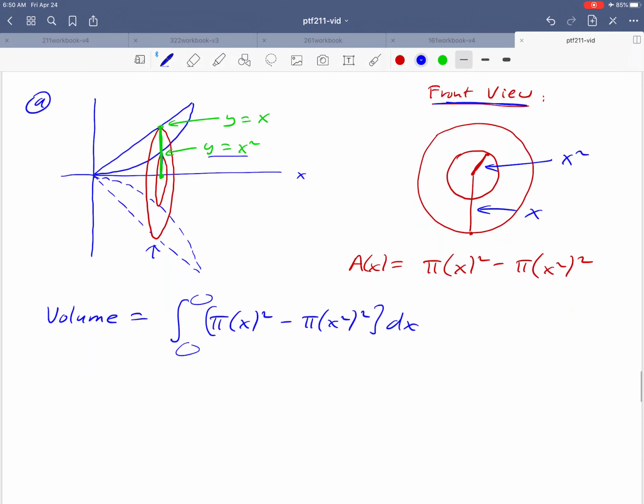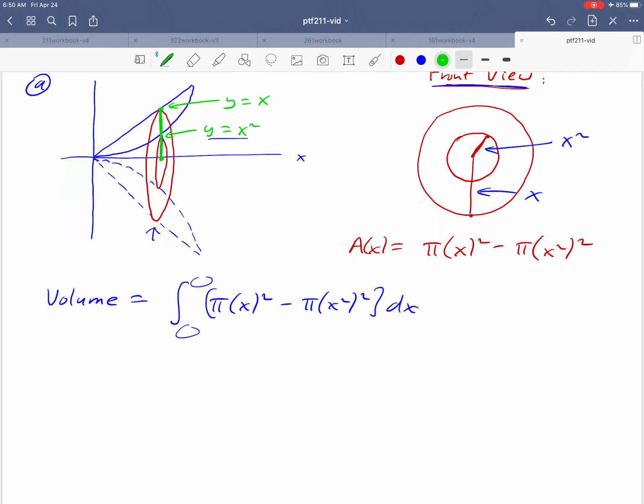So we need to figure out what our points of intersection are. Where do these 2 curves cross each other? I'm trying to see if there's a place where we can sneak that calculation in. Let's maybe sneak it right here. So points of intersection, we're just going to take the x and the x squared and set them equal to each other.